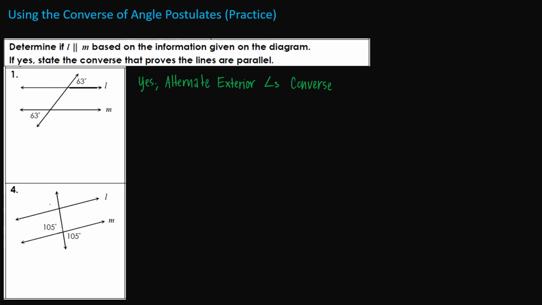Now, this isn't even involving line L, so there is no way that we can prove lines are parallel with just these vertical angles. So I would say no, vertical angles can't prove lines are parallel. Just like that.